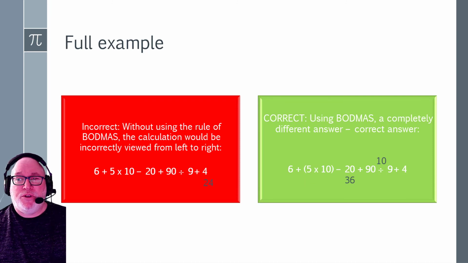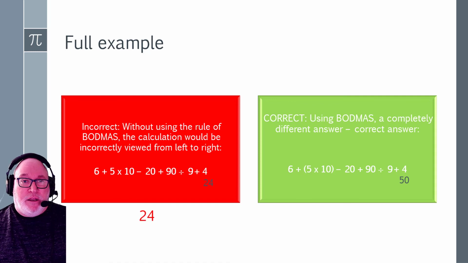The 90 divided by 9 we've already done, so we've got the 10 there. It's the 36 plus 10, which gives us 46. And then it's just the last bit, which is plus 4. 46 plus 4 is 50, and the answer is 50.